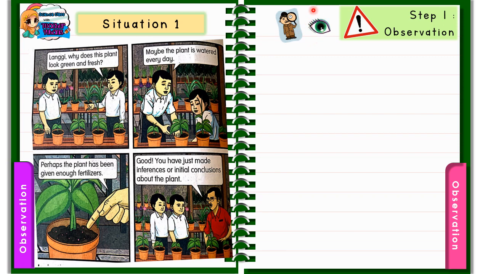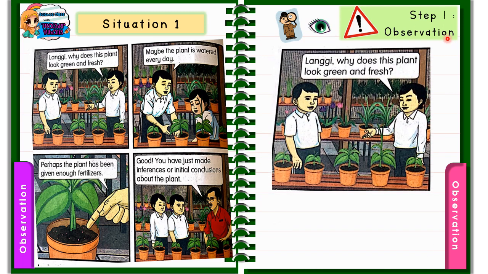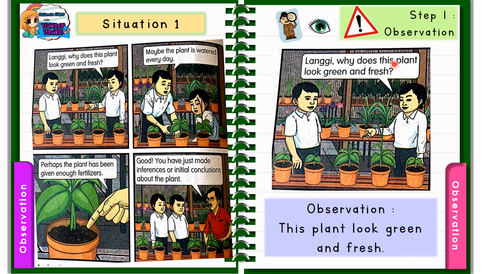We use our sight sense to make observation. From the situation, the observation is this plant look green and fresh. So this is the observation.